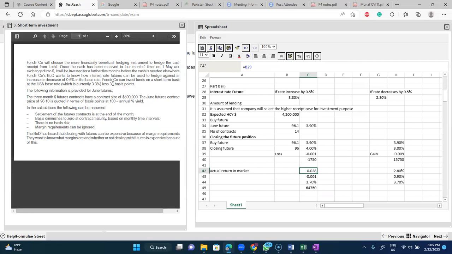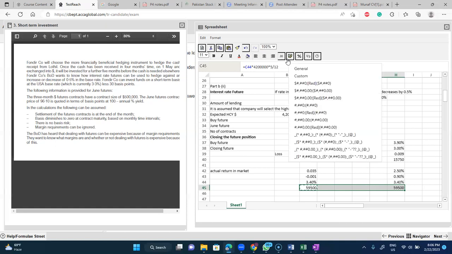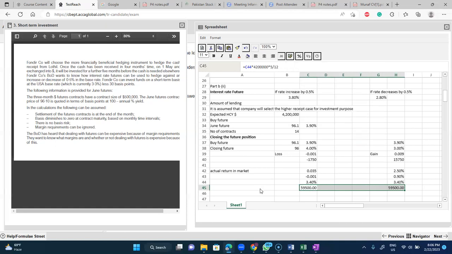Here, when you invest, you will invest at 30 basis points lower than the rate, right? Minus 0.3%. So total exposure will remain the same. Total return.